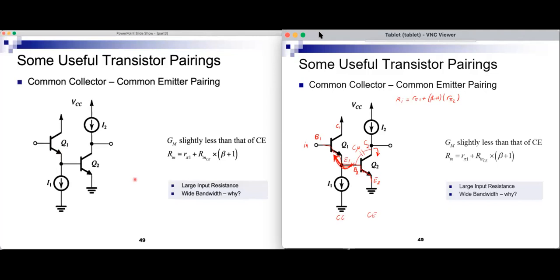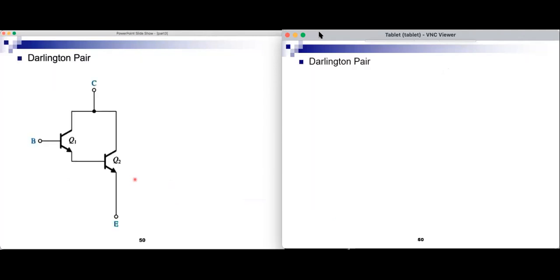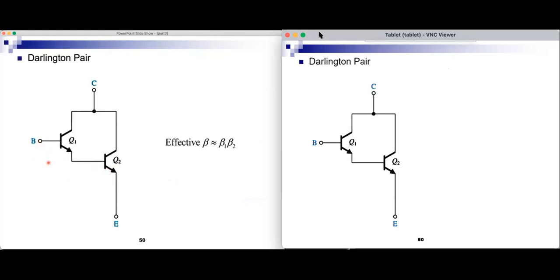Okay, next configuration we will discuss is what's called the Darlington pair, and this is like two emitter followers. We can consider these two as two emitter followers, or in many cases they're considered as one big BJT with an effective beta, which is the product beta 1 times beta 2. So this becomes like a BJT with a very, very large beta.